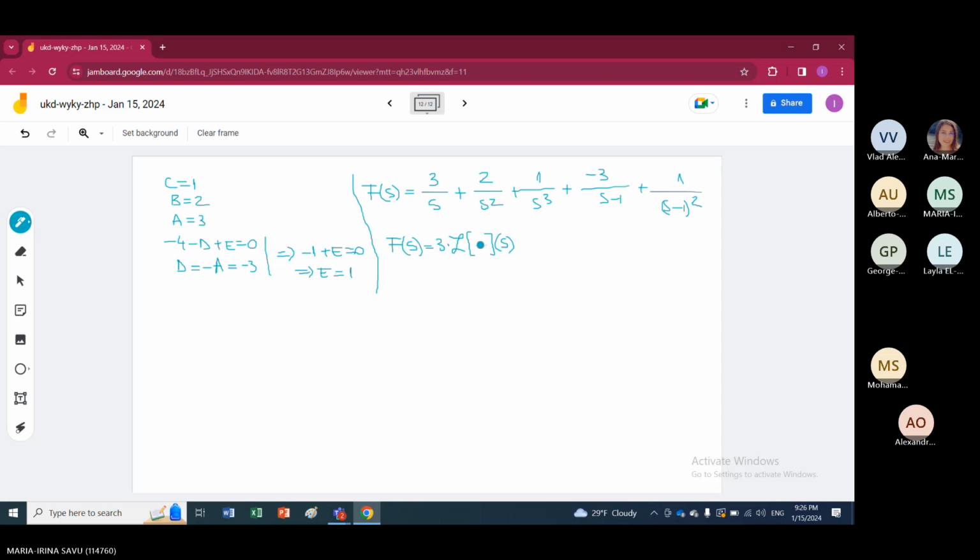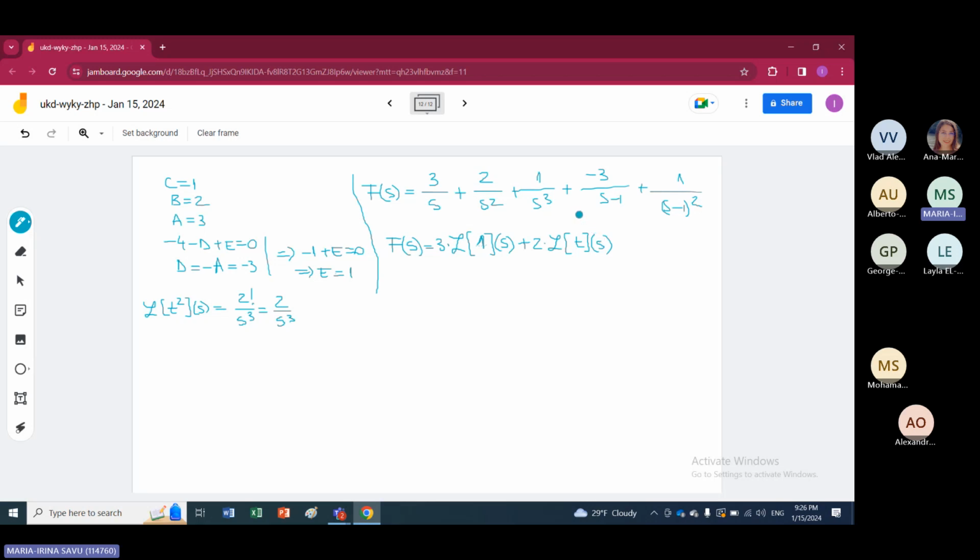It's 1. Plus 2 times Laplace of t. Let's see how to solve the s cube term. So this is 2 factorial over s cubed, so this is 2 over s cubed.